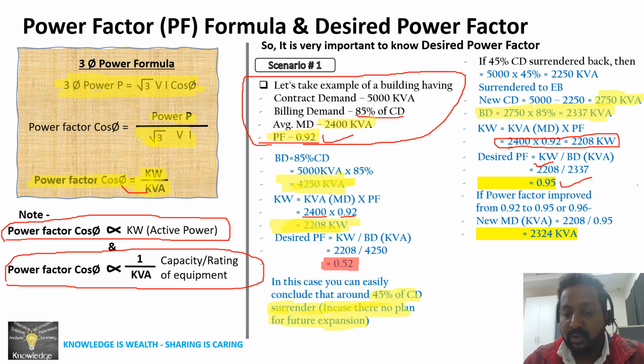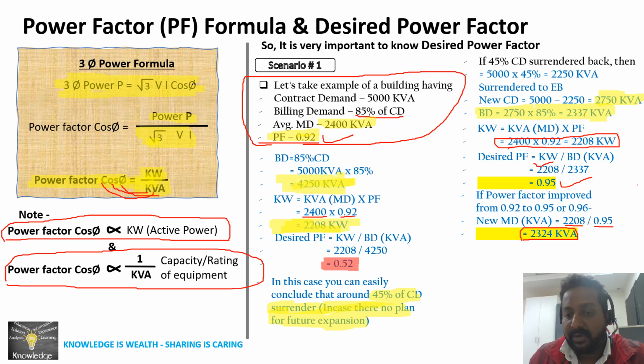So we improved our power factor from 0.92 to 0.95. Then our new maximum demand, if you want kVA in this equation, kVA is equal to kilowatt by power factor. Simply, kVA goes here and power factor comes here. So the new MD at 0.95 is 2208 kilowatt divided by 0.95, which is 2324 kVA.